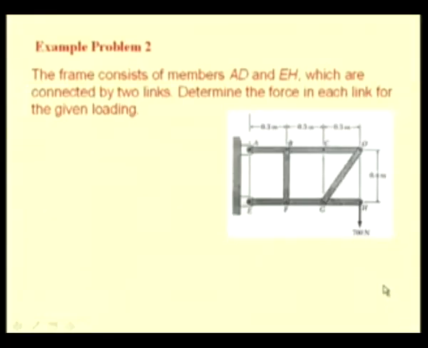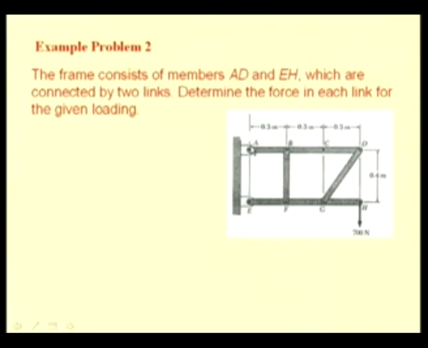So, let us see an example. Here you see a frame A, B, C, D, E, F, G, H. The member A, B, C, D is connected to the member E, F, G, H by two force members. One is this BF and the other is this GD.